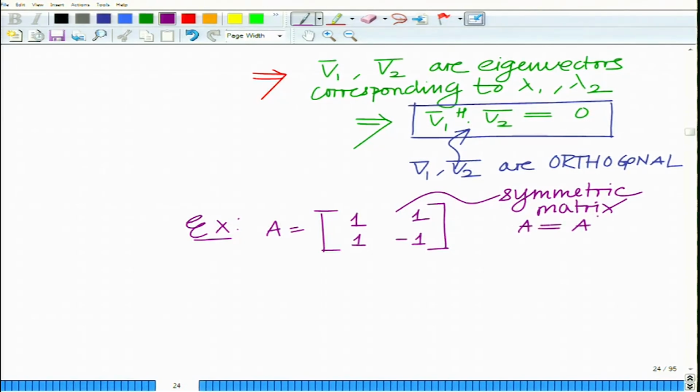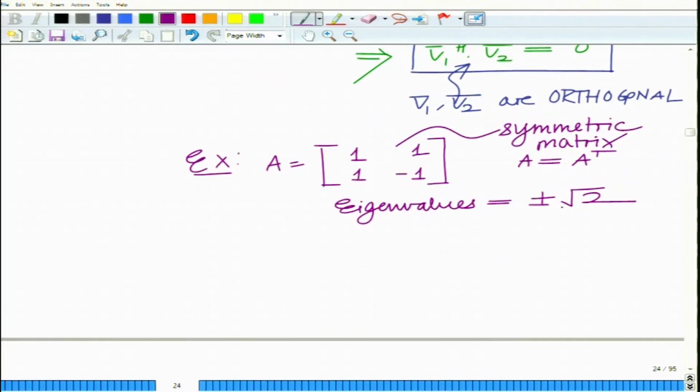We have A equals A transpose, and the eigenvalues equal plus or minus square root of 2, which are real quantities. We have already seen this. So the eigenvalues of this symmetric matrix are real, as given by the property.